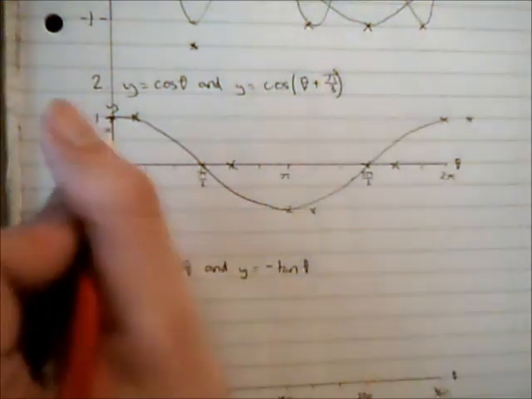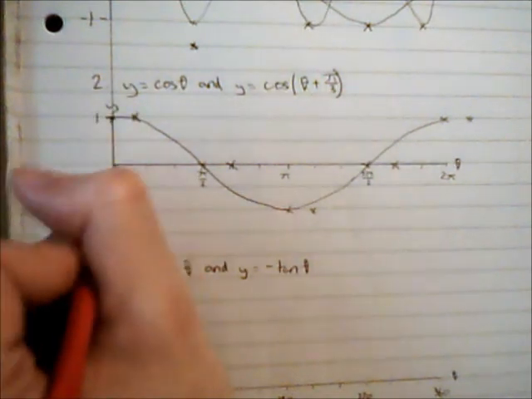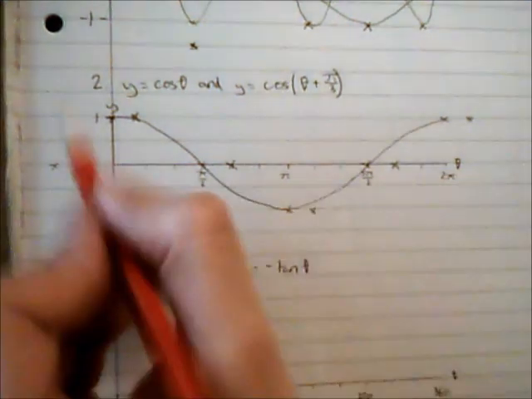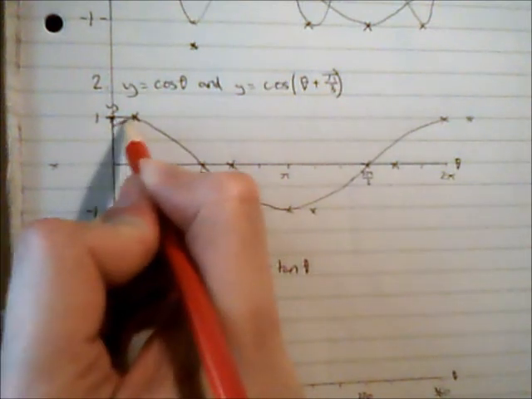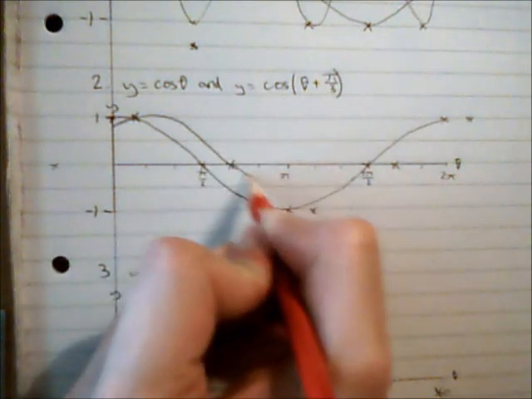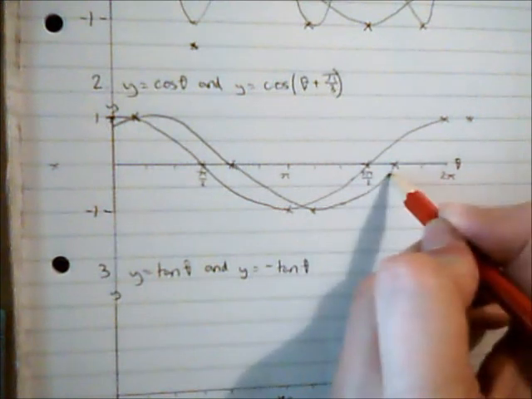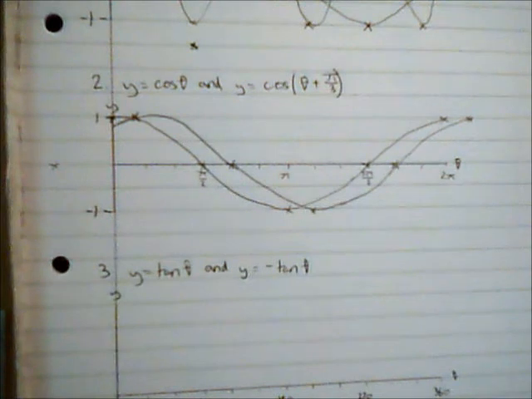In fact, I'm going to do the same at the other end, because that will help me scale it properly. And there we go, we've got a very similar curve, it's just been translated pi by 3 to the left.